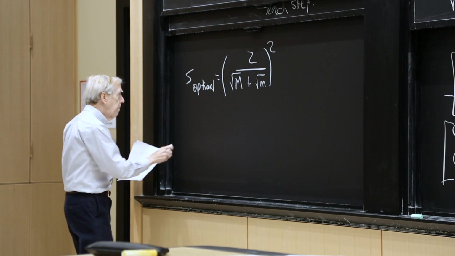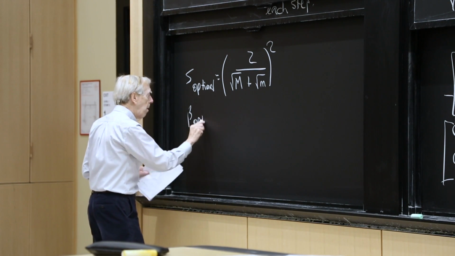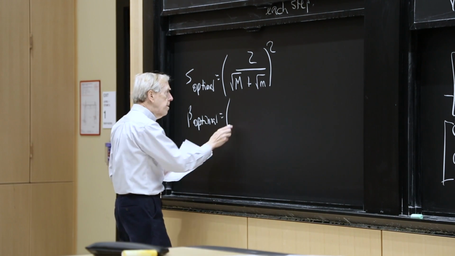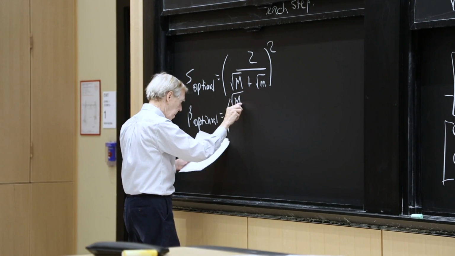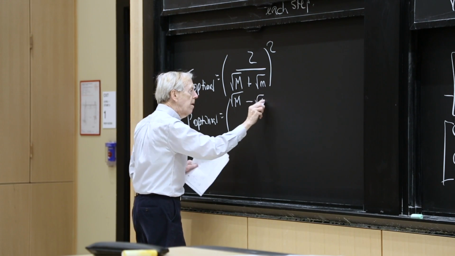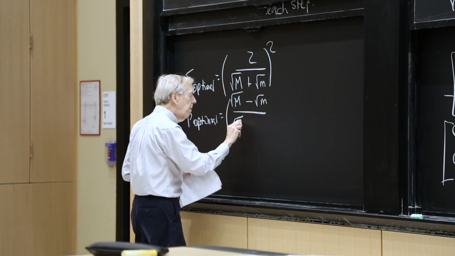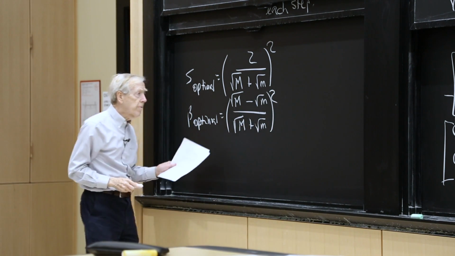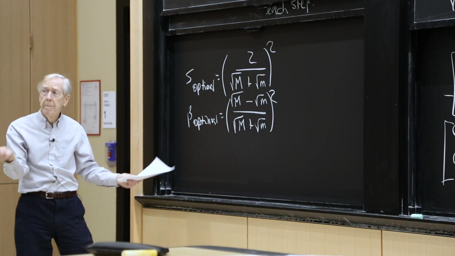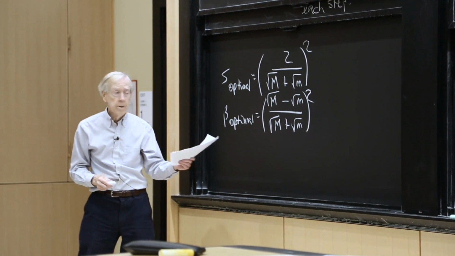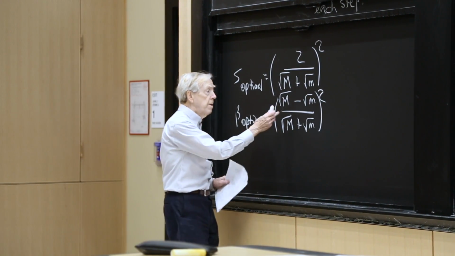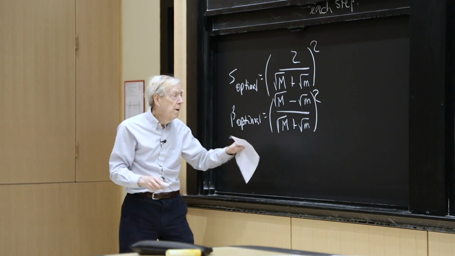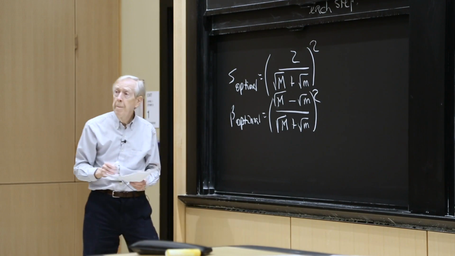Amazing. Okay, and beta optimal turns out to be the square root of M minus the square root of little m over the square root of M plus the square root of little m, all squared. And of course, we know what these numbers are, 1 and b in our model problem. This is 1 minus the square root of b.